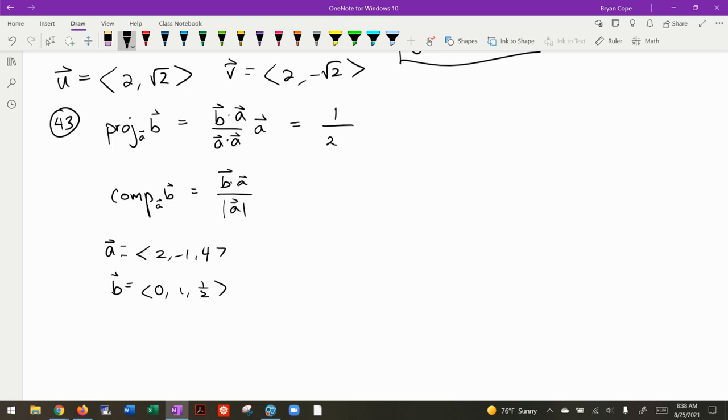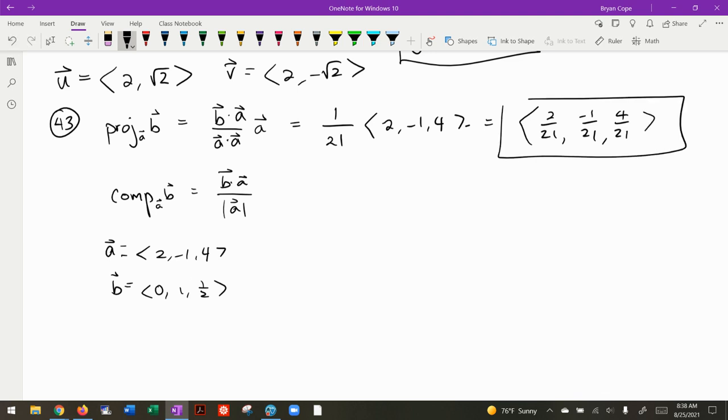Yep. So it's 1 over 21 times the vector A, 2, negative 1, 4. You can leave it like that if you like, or write it as 2 over 21, negative 1 over 21, and 4 over 21. Oops, should be a 1. Okay, so that is the vector projection of B onto A.